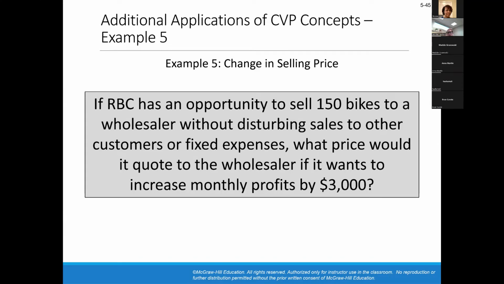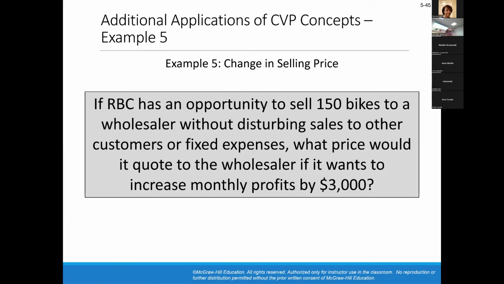What price would it quote to the wholesaler if it wanted to increase the monthly profits by 3,000? So we already have everything else covered. And so now we're just looking at, okay, I want to make an additional 3,000 if I sell these 150 bikes.